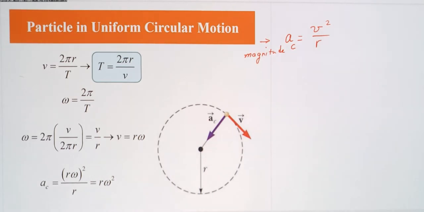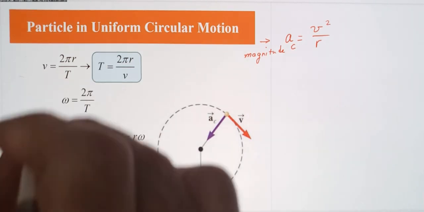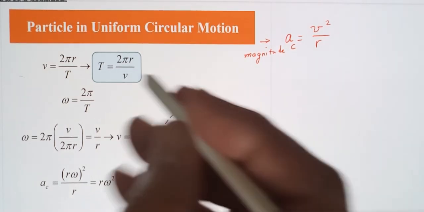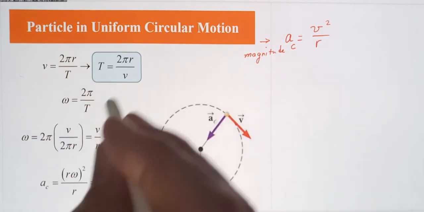Now he wants here to play with some equations. Why? Because it's an introduction for our circular motion in the coming future, inshallah. But let me tell you something much easier than this.